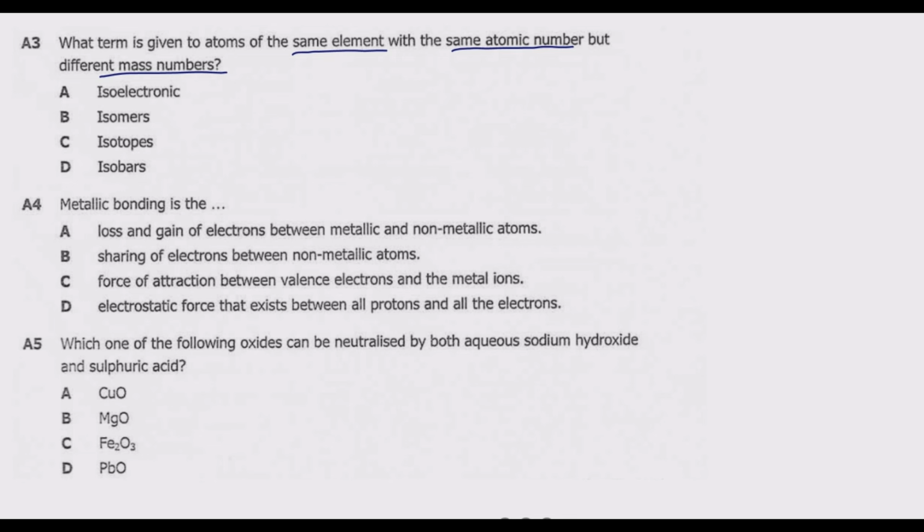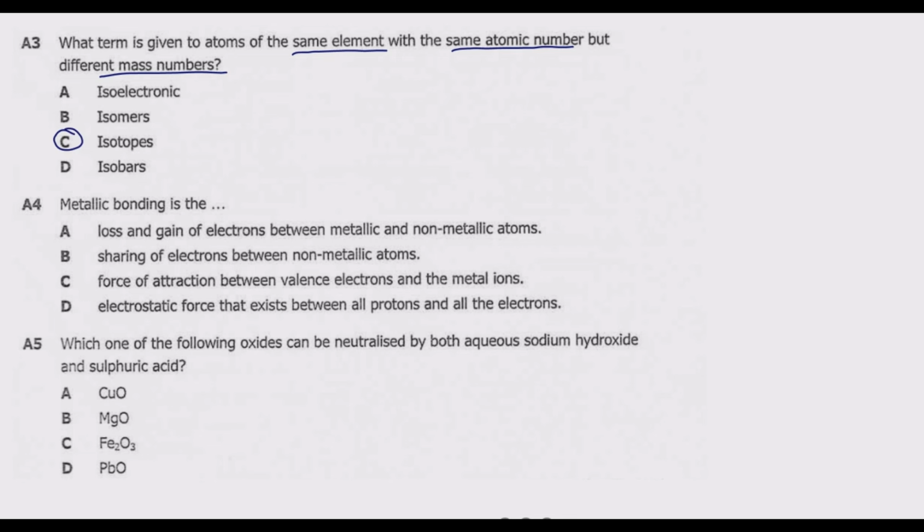If you look at B, isomers, these are organic compounds with the same molecular formula but different structures. So B is not correct. C is the correct answer, which is the same element with the same proton number but different mass number.